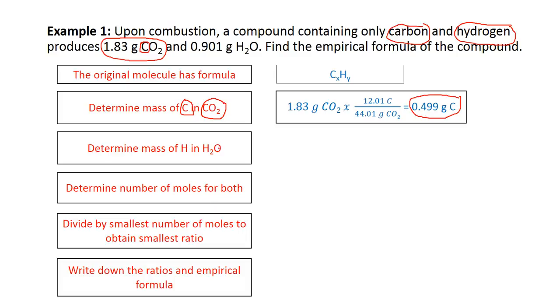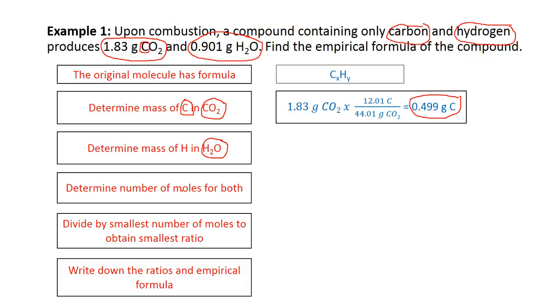Hydrogen is present in water. And from the problem, we see that we have 0.901 grams of water. Another thing that you also need to think about is that water has 2 hydrogen atoms. So we need to take note of that. Now, how do we determine the mass of hydrogen in water? We also use a conversion factor.